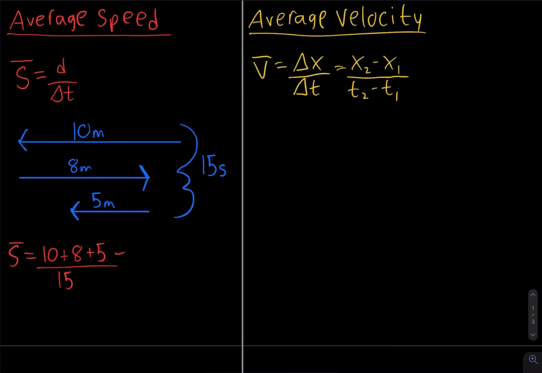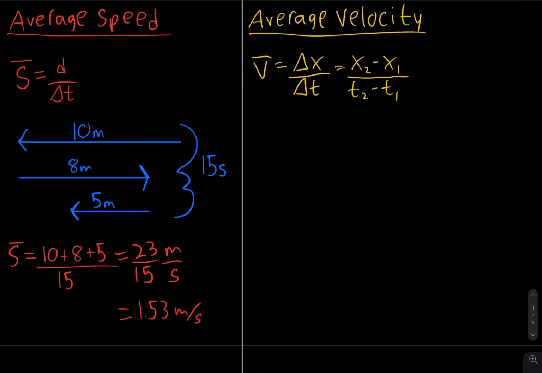All right, so 10 plus 8 gives me 18, plus 5 gives me 23. So this is 23 over 15, and our units were meters per second. And we can get a decimal out of this. You can just type it into your calculator. 23 over 15, that's about 1.53 meters per second.